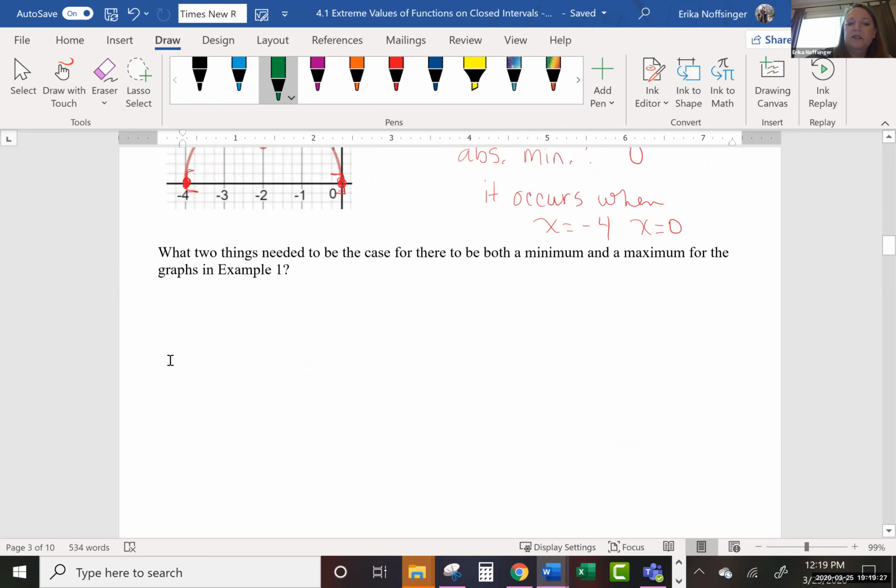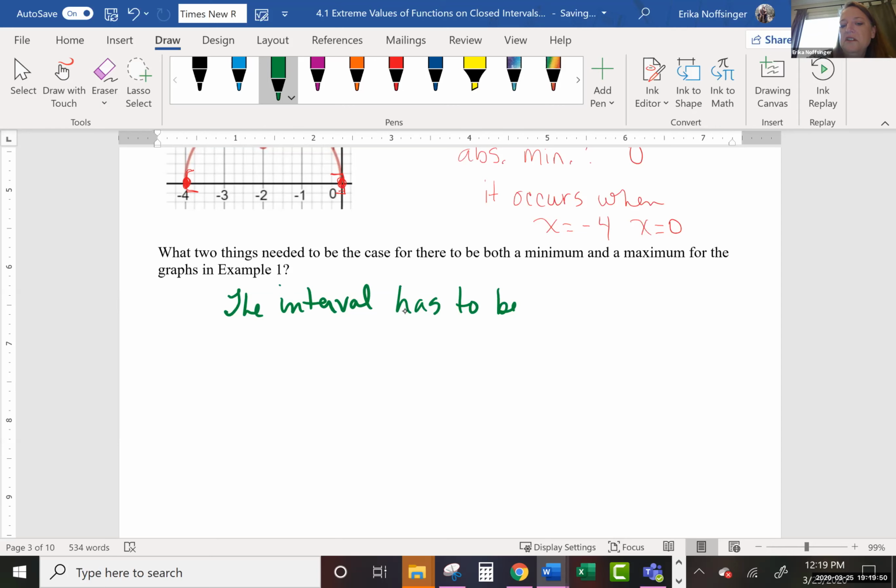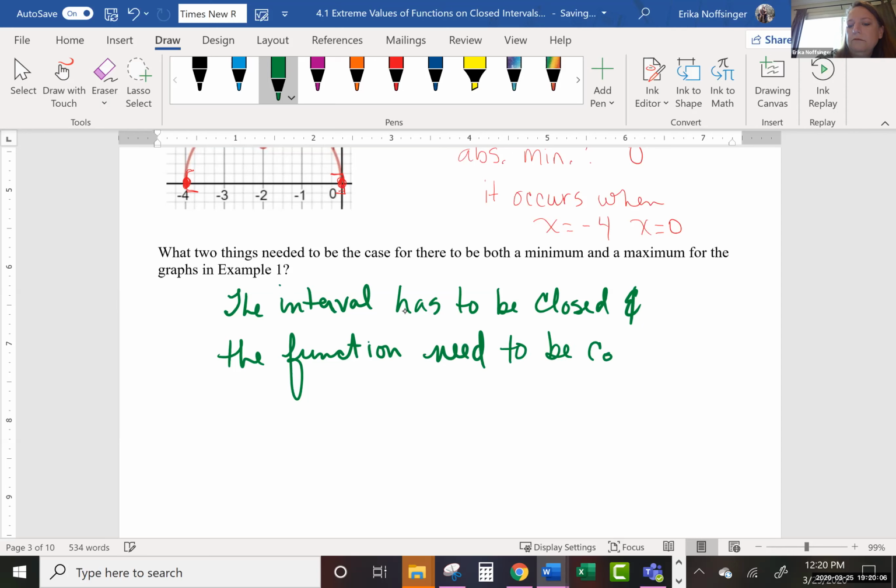And so in order for there to be both a max and min, the interval we choose x to be contained in has to be closed, and the function needs to be continuous there, in the interval.